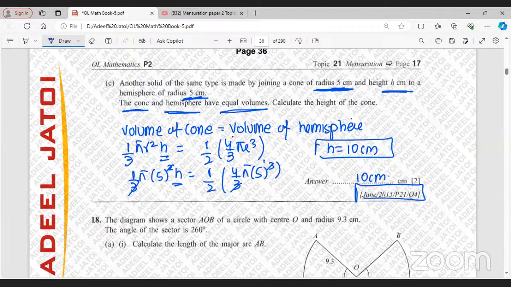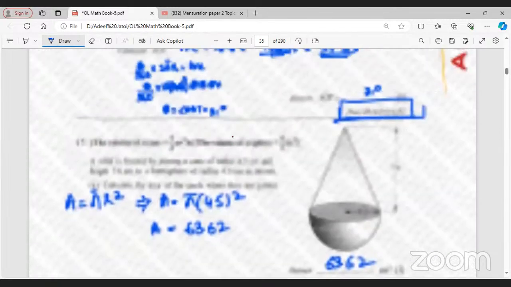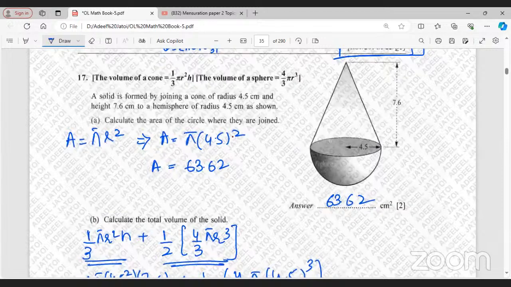This is June 2015, paper 21, question number 4. And remember, this is question number 17 from the book.